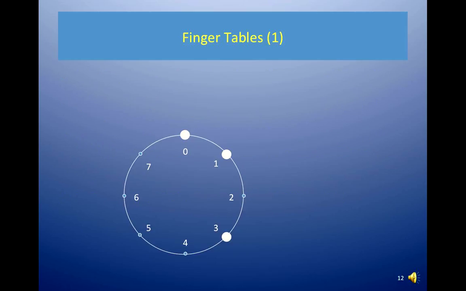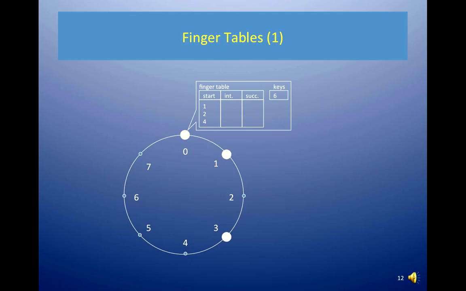Now let's go back and look at our same example with the finger table. Now instead of node 0 just having the successor 1, it maintains some other information in its finger table. It maintains the key 6 as we have seen in the example before, and it also maintains the state of node 1, node 2 and key 4.